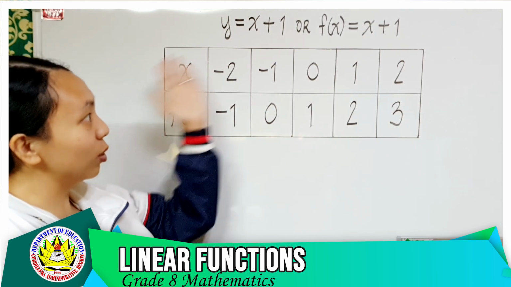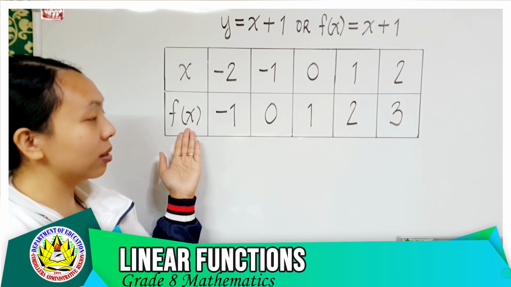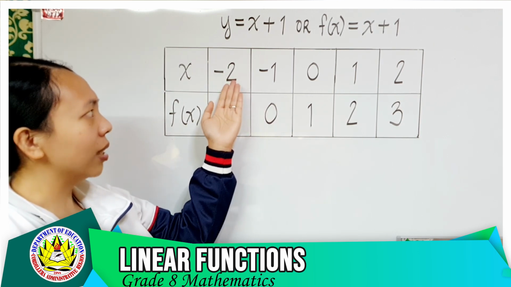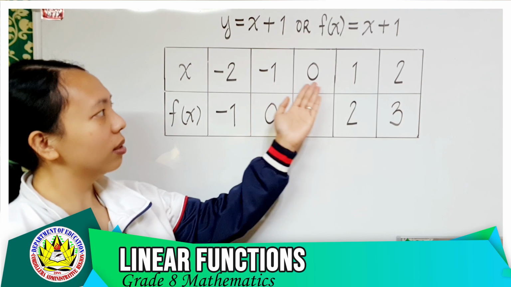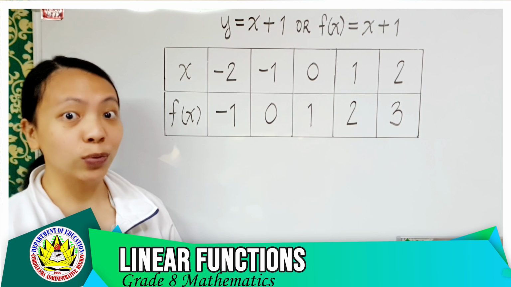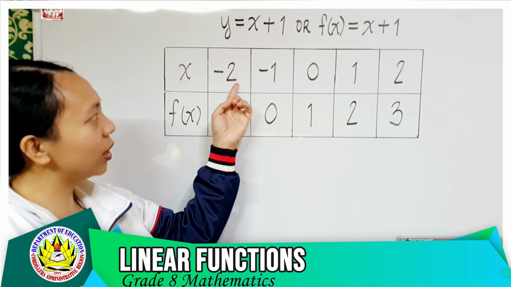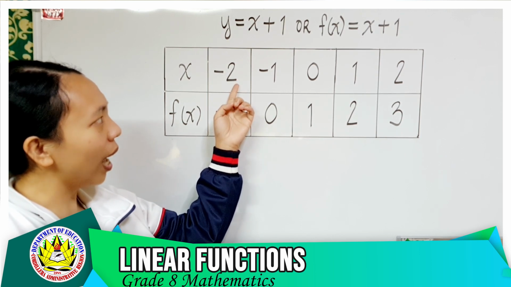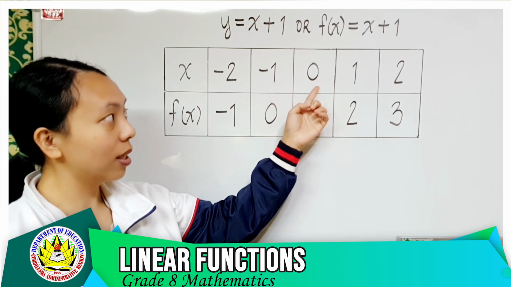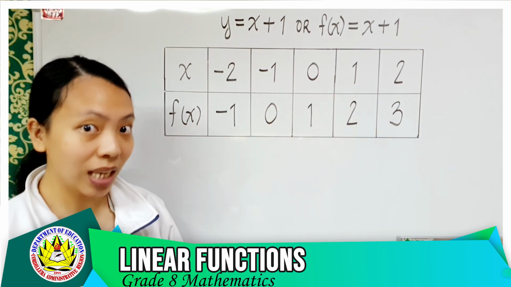The following table shows the corresponding values of f of x, which means y, given the x values -2, -1, 0, 1, and 2. In the table of values for a linear function, take note that the difference from one x value to the next is the same.